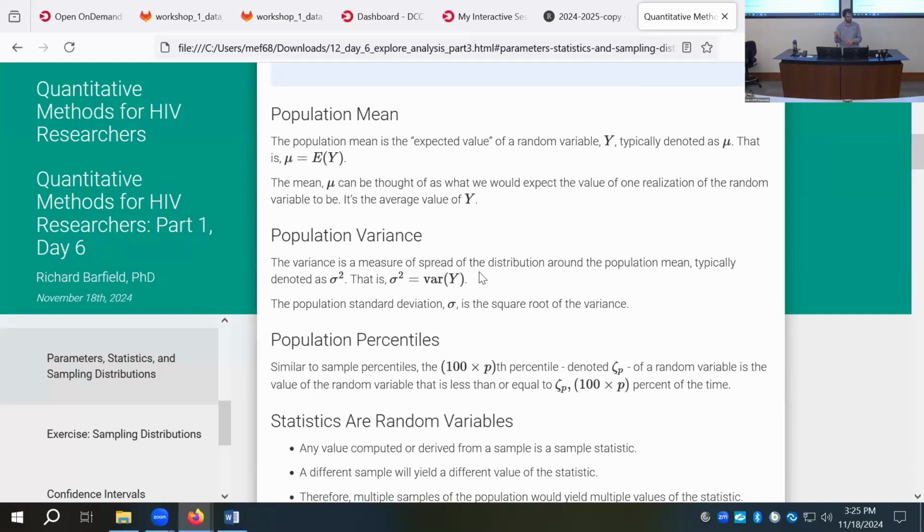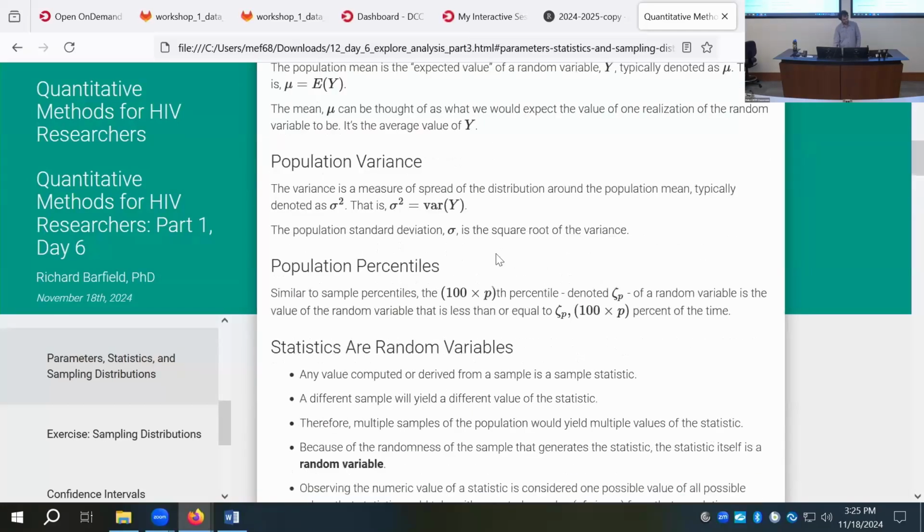And then we have population percentiles, which are basically some value such that the probability that a random variable is less than that is equal to p, or 100 times p percent. And that can be calculated different ways. If you look at the quantile function in R, I think there are 8 different ways it can give you the quantiles. So there are different approaches even for that.